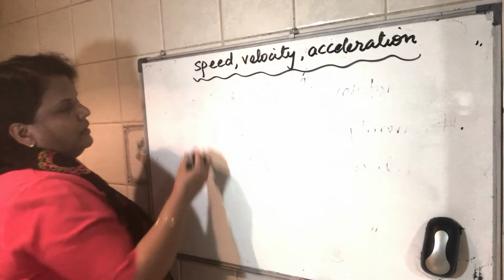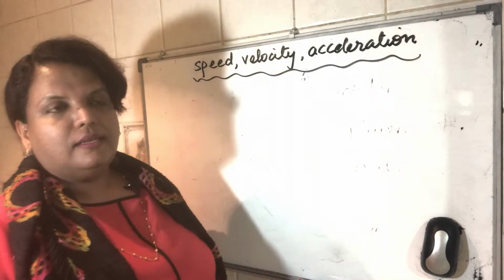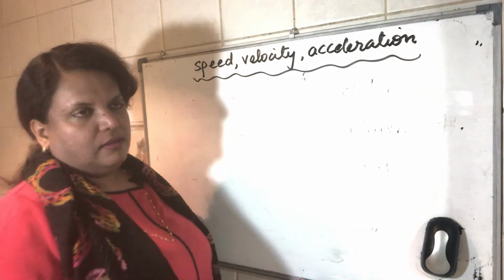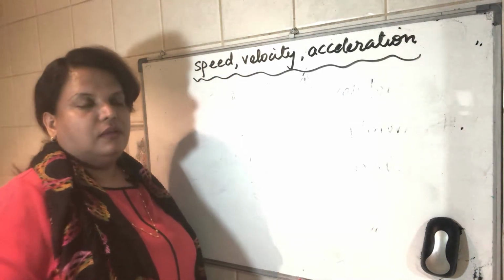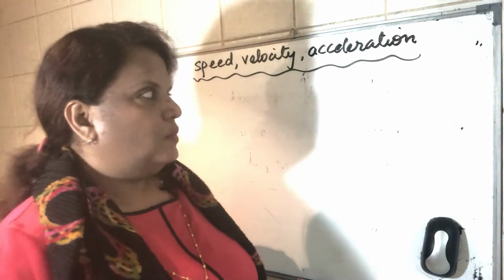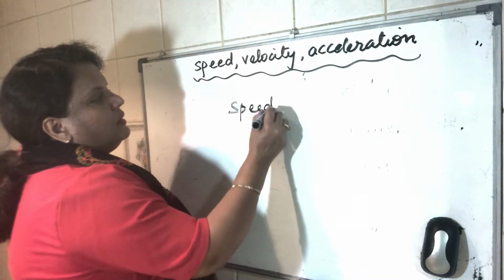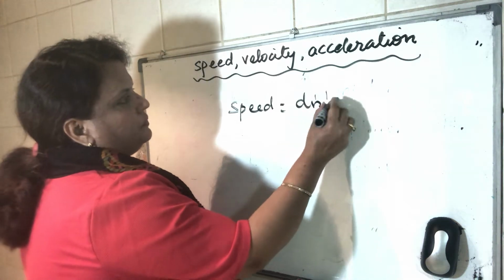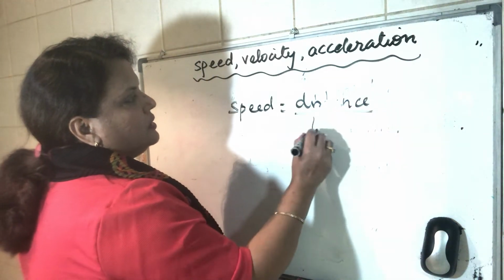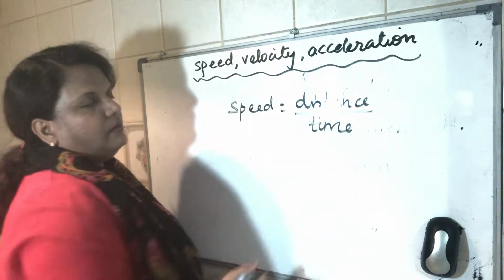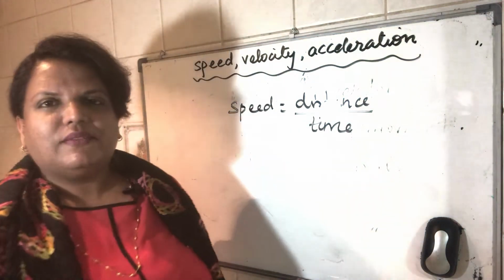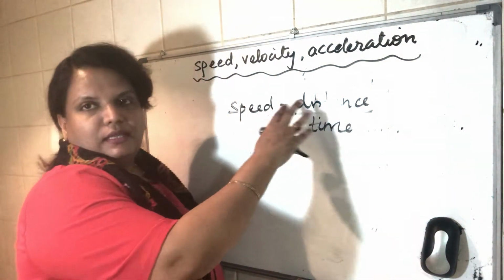Now the first formula that you would have learnt in the motion chapter or the forces and motion chapter would be speed is equal to distance upon time. If any student is in year 9, from year 6 or 7 you may have learnt this formula.